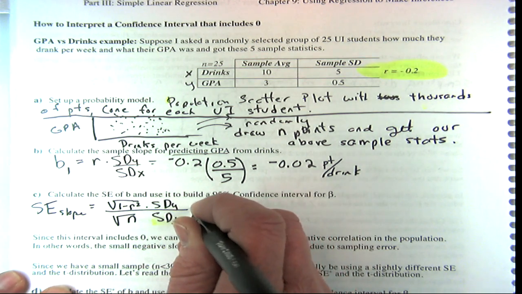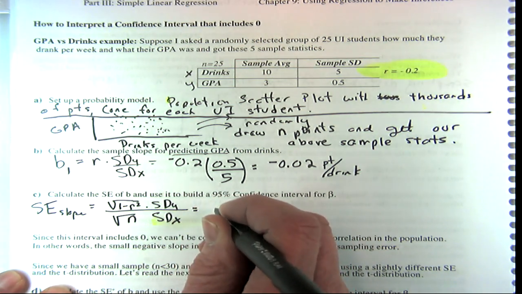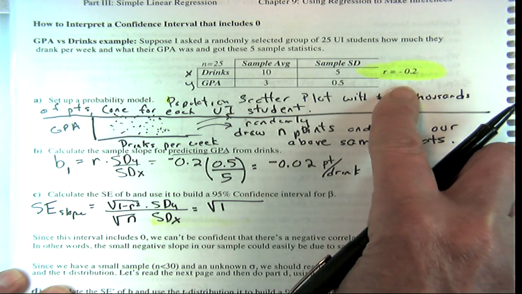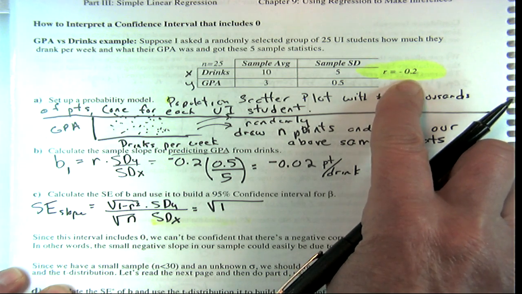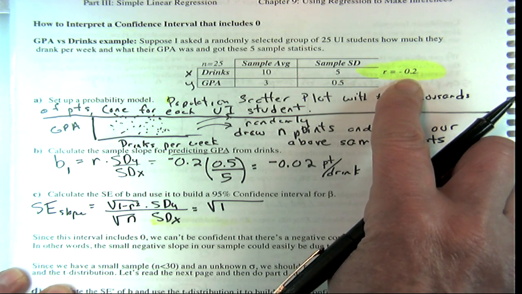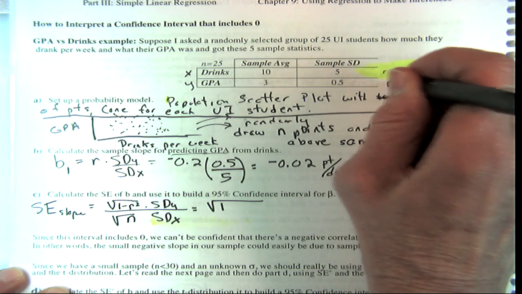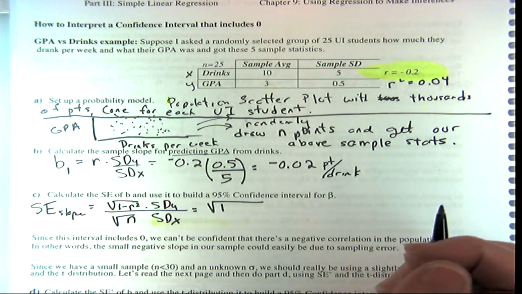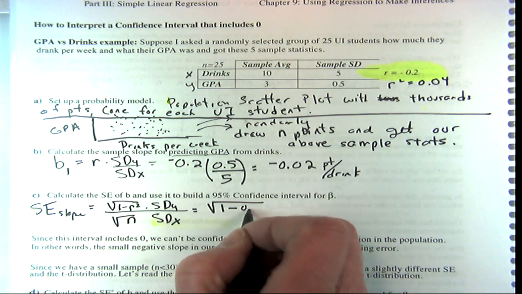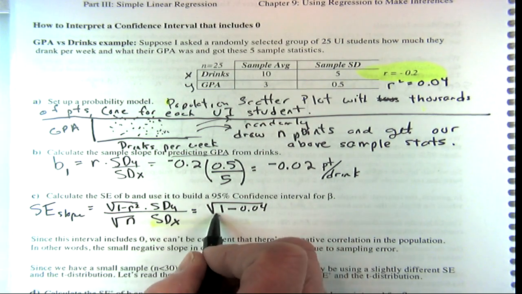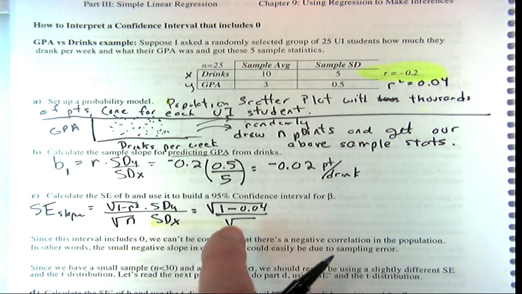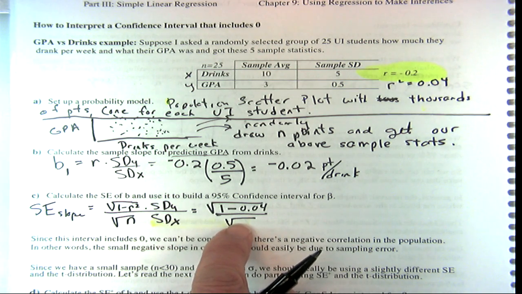All right, so we can do this, and we get the square root of 1 minus r squared. R is equal to that, so r squared is 0.04. So it's 1 minus 0.04 over the square root of, now don't use 2,000, always use your sample size, not the population size.